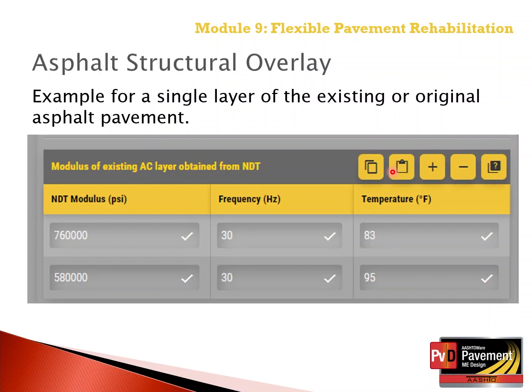So this just shows a screenshot of where we have the multiple back-calculated layer moduli that are at different mid-depth temperatures of the asphalt layer. This could be where the deflection testing started early in the morning when the pavement was cooler. And then this could be from the testing done late in the afternoon, especially if it's clear with the sunshine.